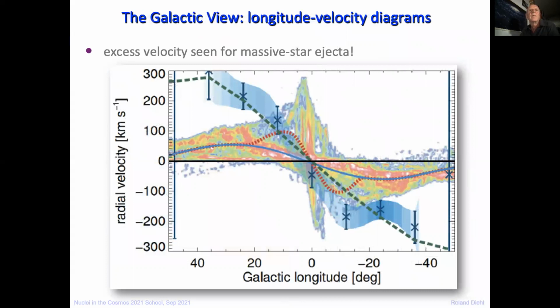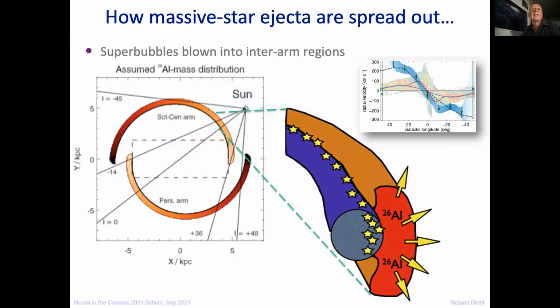So looking at this, we could model that with a model that is illustrated here. It's basically showing stars located in spiral arms, and they take some time, a few million years, to evolve, and by the time they have evolved, they preferentially are located at the leading edges of the molecular clouds that have been their parental sites. And so they are at a density gradient, so that the aluminum is basically injected with higher probability in forward directions than in backward direction, because there are asymmetric cavities formed.